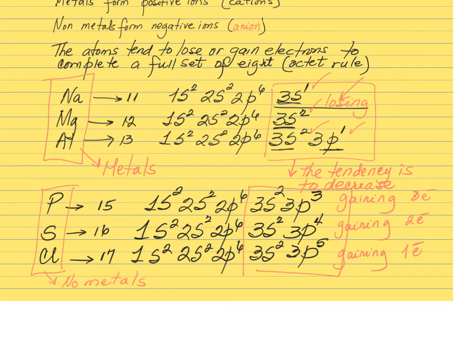Consequently, the tendency is to decrease the ionic radius because they are forming negative ions, and as you're moving within the non-metals in this direction, left to right, they're going to be accepting fewer electrons until you get to the noble gases, which are not accepting any electrons at all because they already have a full last level of energy.